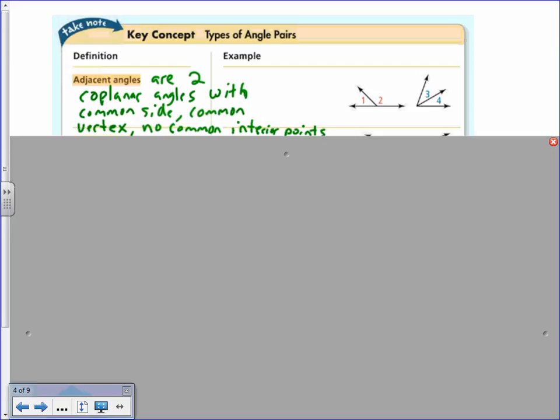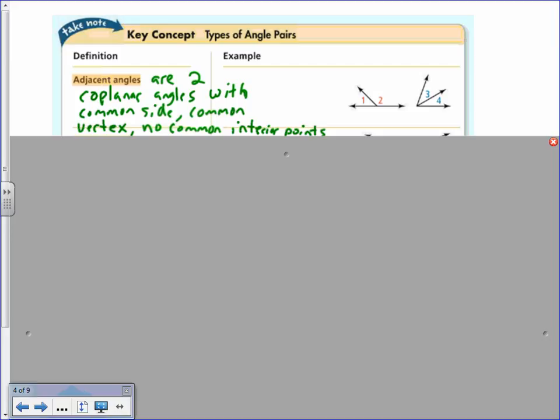So there may be an example where they have a common vertex and a common side, but one is inside of the other. That would not work because they have common interior points. So two examples here. Both angles 1 and 2 would be adjacent because it's basically angles that are right next to each other, but not overlapping.